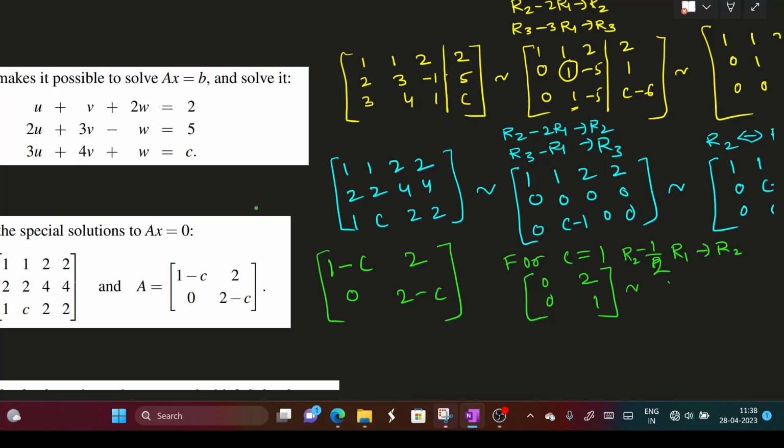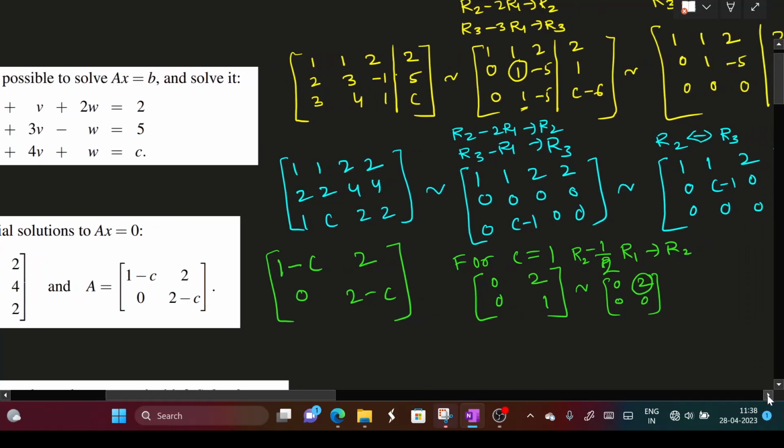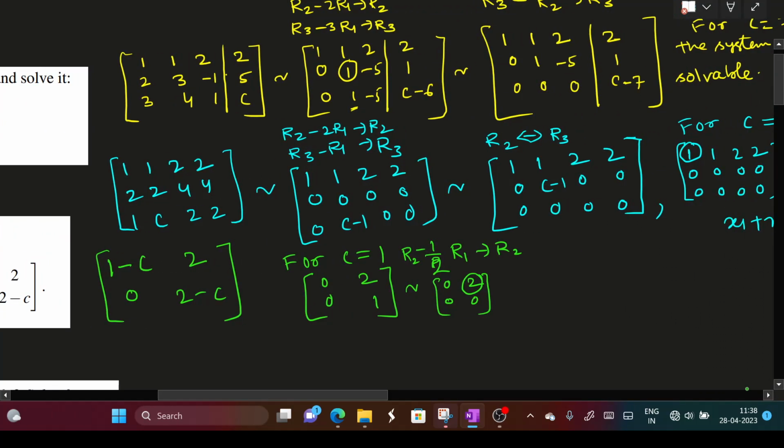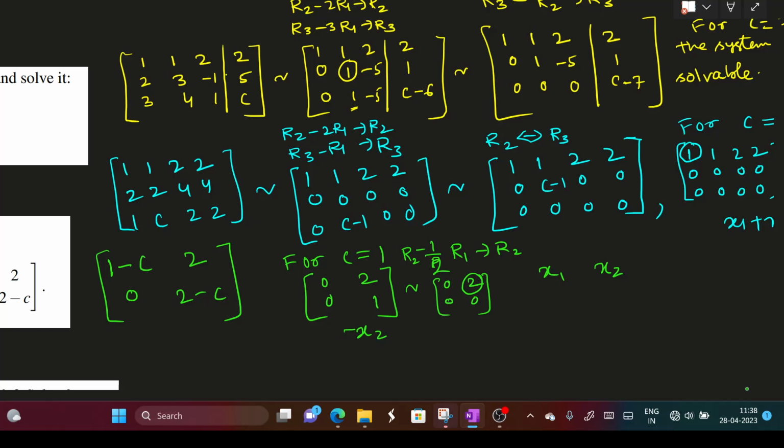It is 0, 2, 0, 0. So this is the pivot variable. That is, the second variable is the pivot. The first variable is free. So it is x1, x2. And what are the equations in this case? 2x2 is equal to 0. It is the only equation.